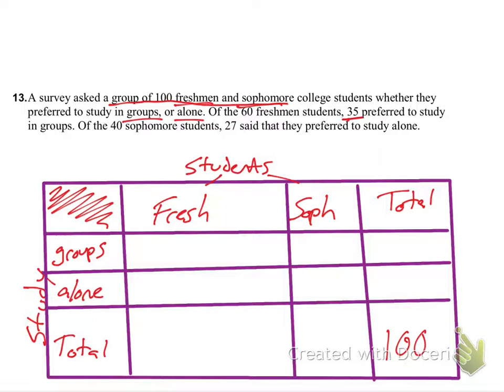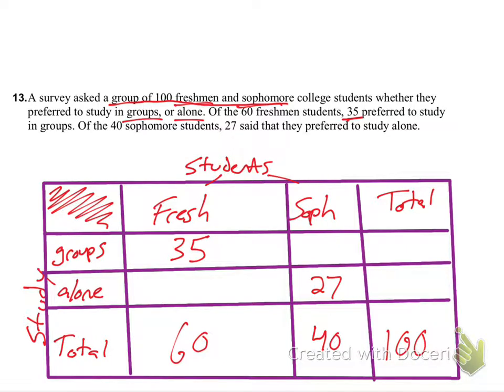So it says right there, there's 60 total freshman students, 35 prefer to study in groups. And then of the 40 total sophomores, so there's 40 right there, 27 prefer to study alone. And so what we've got to do is finish the survey.